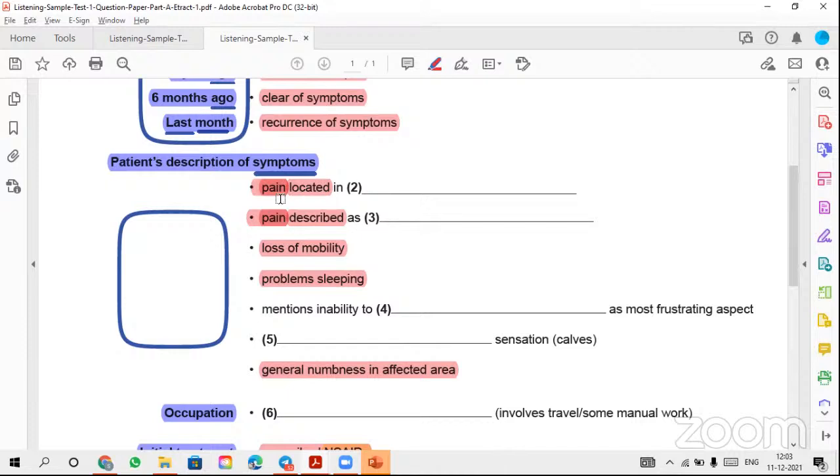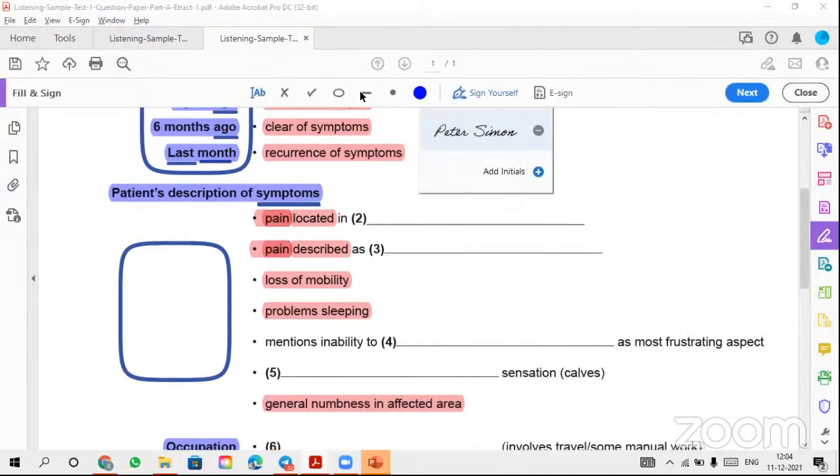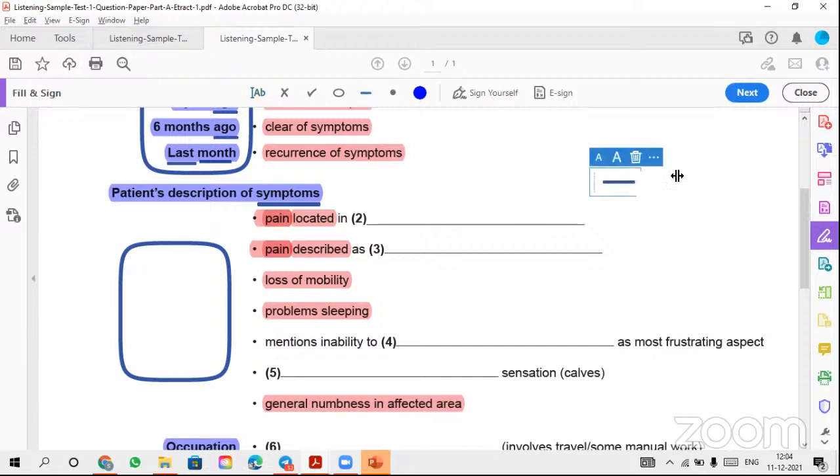These two are related to pain: pain location and pain description. Location means body part. Description means quality of pain. So these two words you are supposed to underline.